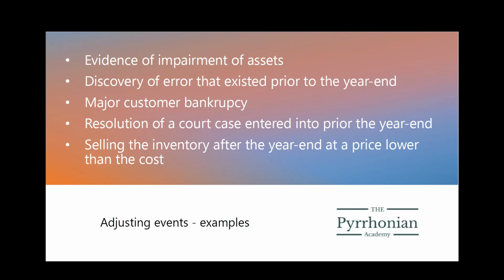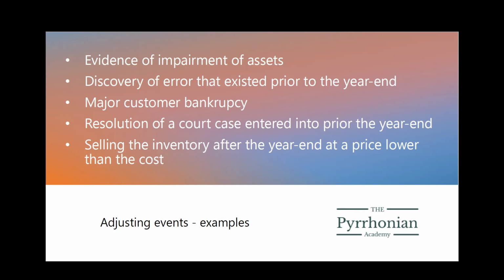Another example is the discovery of an error that existed prior to the year end. You've made an error prior to the year end, however, this error was discovered after the reporting period, but before the issue of the financial statements. If that is the case, then you should adjust your financial statements.